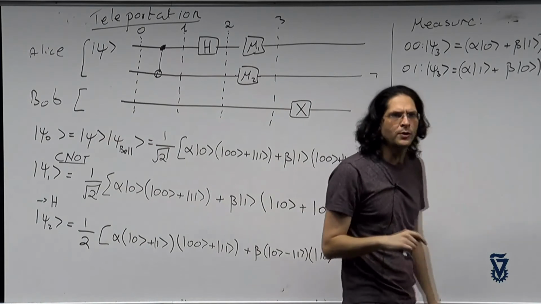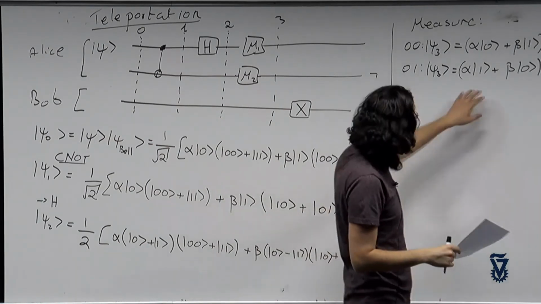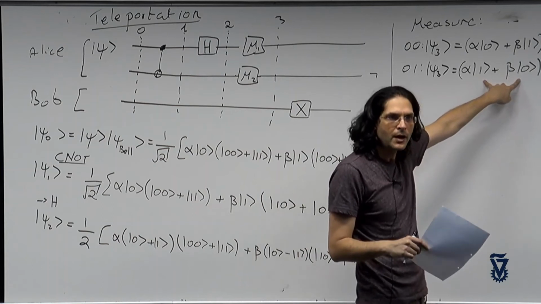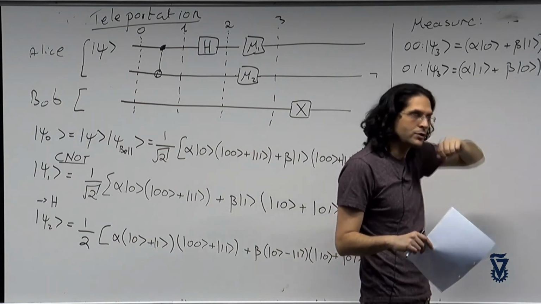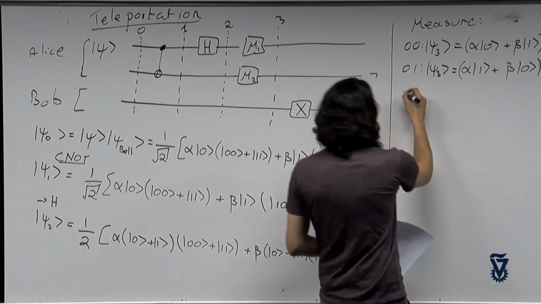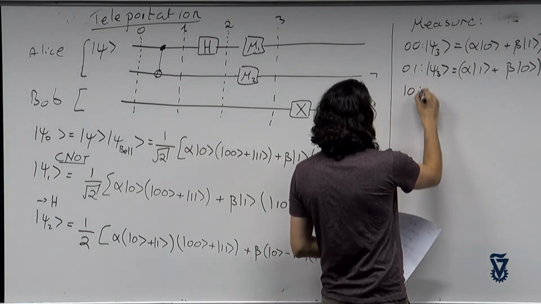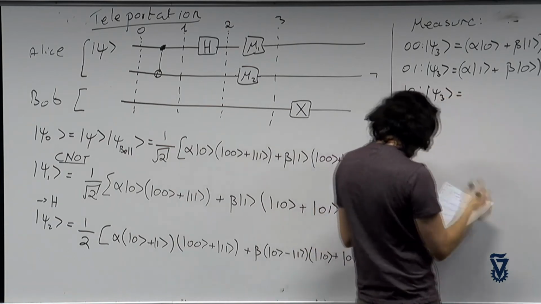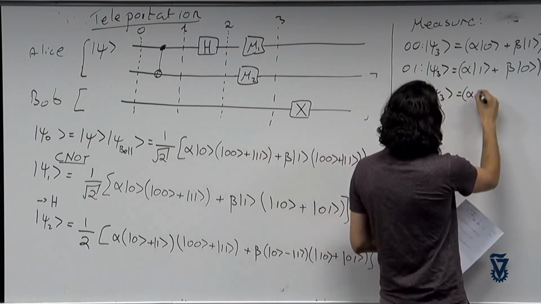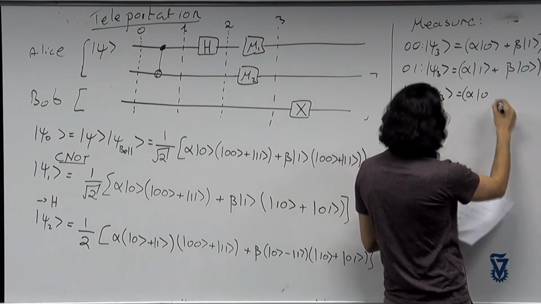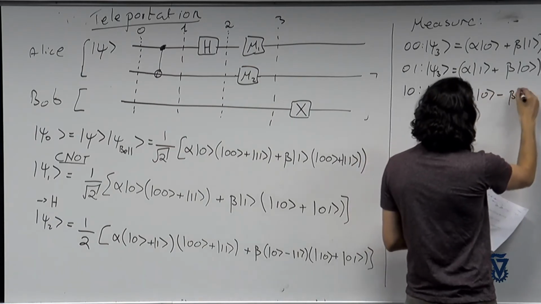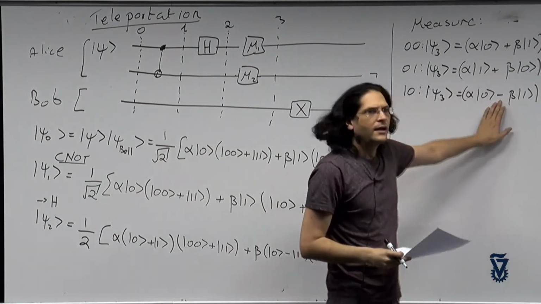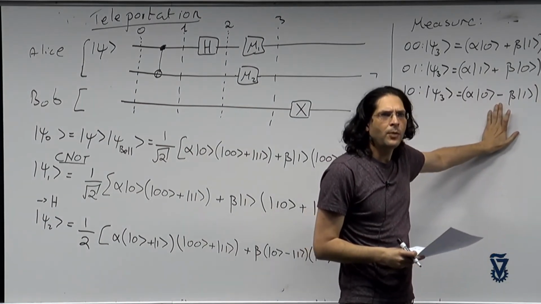So she would tell Bob to do an x operation, and after this x operation, 0 goes to 1, 1 goes to 0, and Bob will have the original qubit. If the results are 1, 0, then psi 3 is going to equal alpha 0 minus beta 1. In that case, what is Alice going to tell Bob to do?